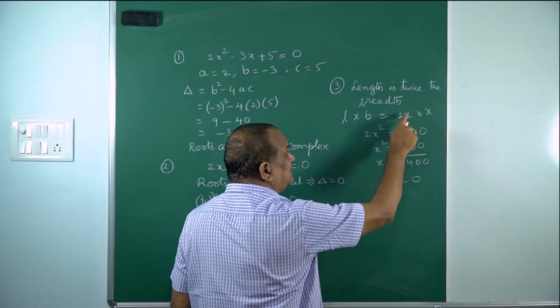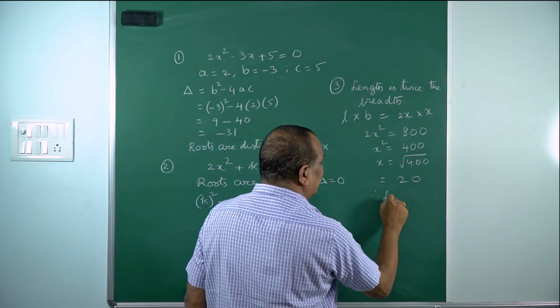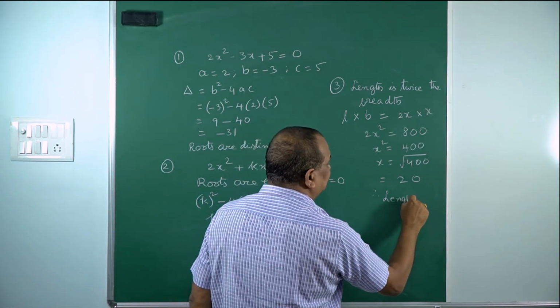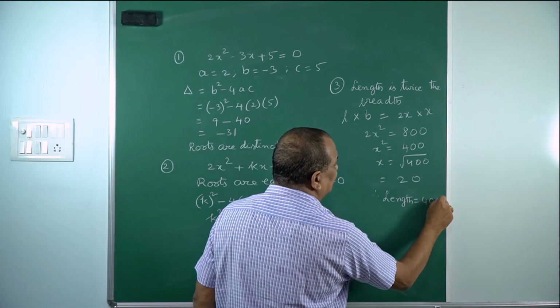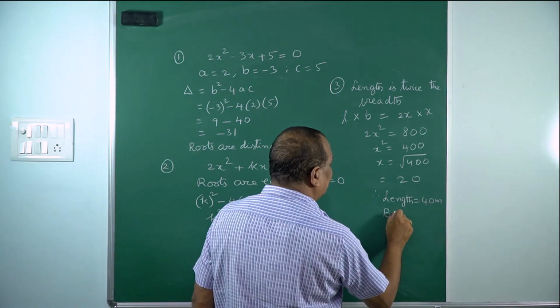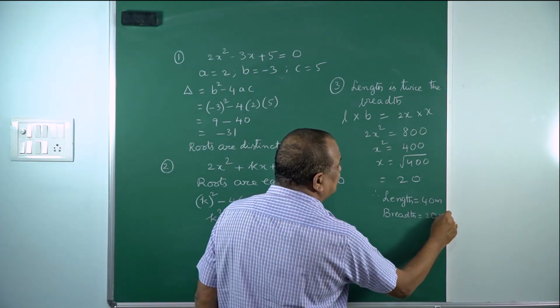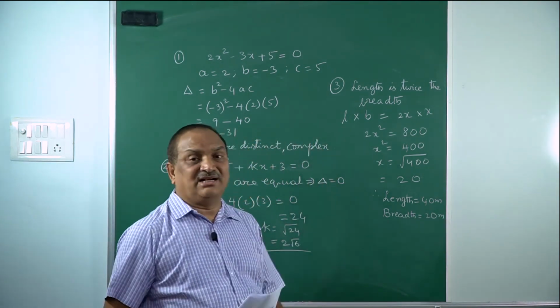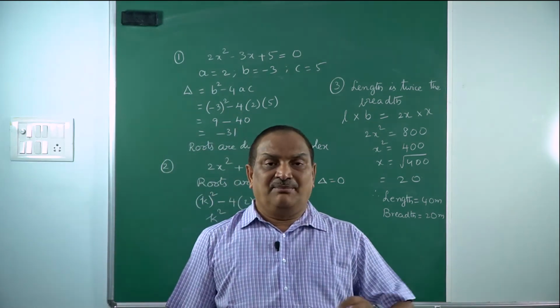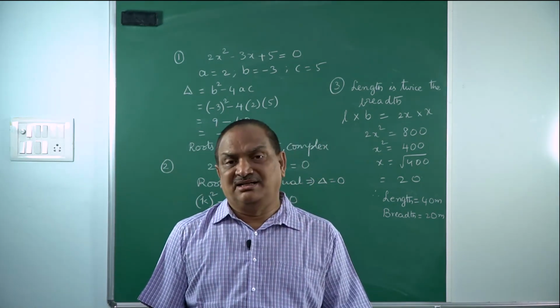And if this is 20, this must be 40. Therefore, length is equal to 40 meters and breadth is equal to 20 meters. You have designed it in such a way that length is twice the breadth: breadth is 20, length is twice that, 40. The area is of course 40 times 20, and that is 800.